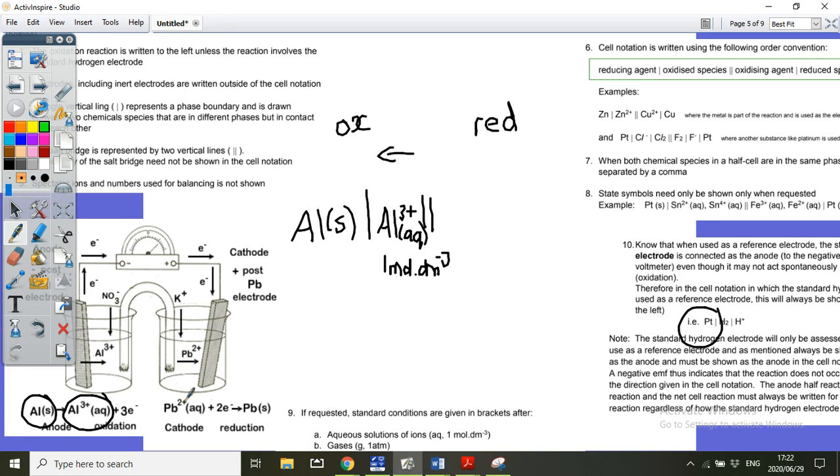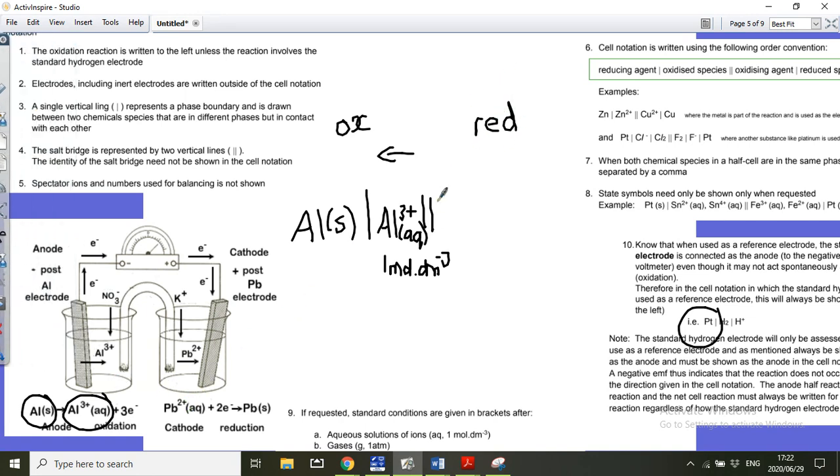On the other side, we have reduction. On the right-hand side, always reduction, and you do the same thing. We started with Pb2+, we ended with Pb. So you're going to start with Pb2+, and you're going to end with Pb. Then you just think: this one is aq, this one is solid. They're different phases, so I'm going to put a straight line between them.